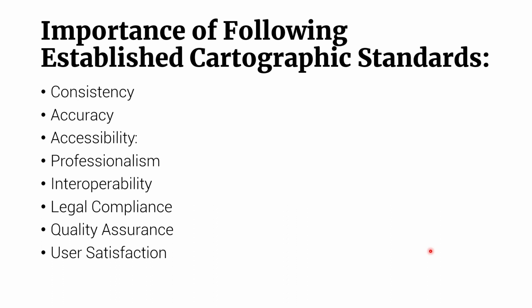Okay, the sixth one is legal compliance. Cartographic standards may include legal requirements and guidelines for map production, ensuring compliance with relevant regulation standards. Again, sa ginagawa naming mapa sa land use planning, we are using the standards of CLUP or the guidelines, the guidebook provided by the DHSUD or the Department of Human Settlements and Urban Development. So, yun ang ginagamit namin for legal compliance. Okay. Quality assurance standards provide a framework for quality assurance and validation of map products, helping to identify and address potential issues.